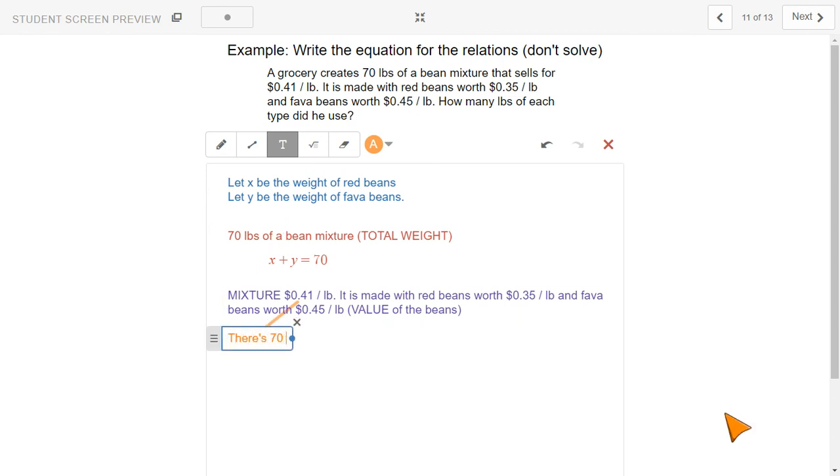So there's 70 pounds in the entire mixture. So 0.41 times 70, and that gives us 28.70. That's the total value of the beans.